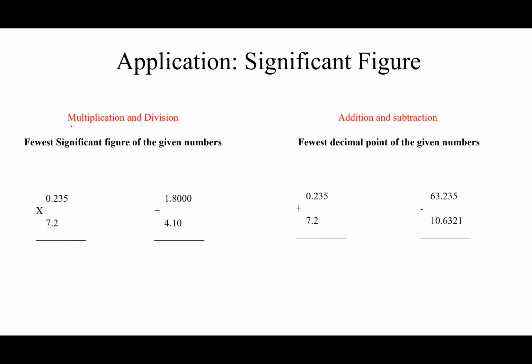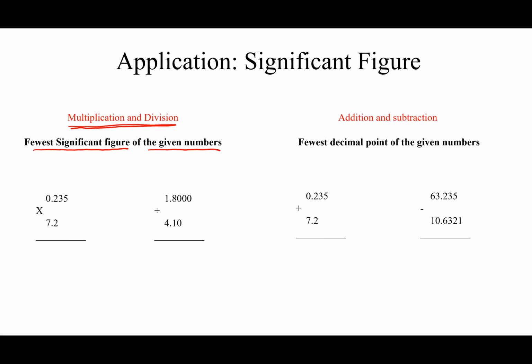The rule says for multiplication and division, if you are just multiplying two numbers or three numbers or five numbers, or if you're dividing, or even if you're doing multiplication and division together, your answer must have the fewest significant figures from the given numbers.